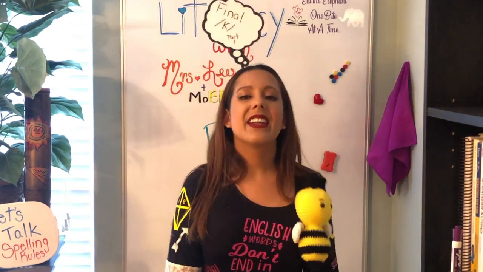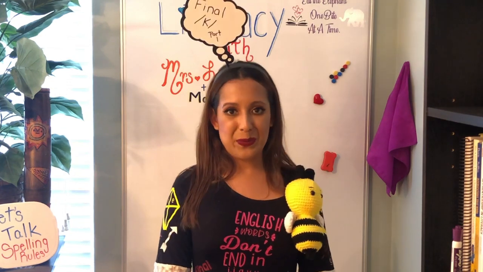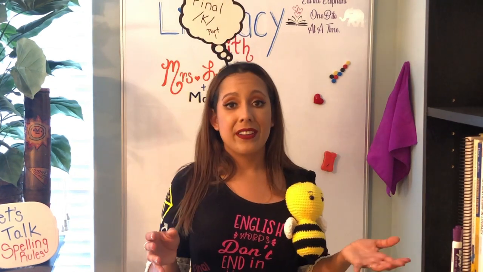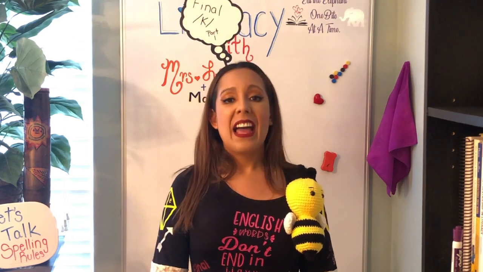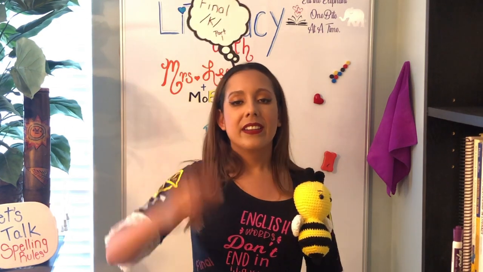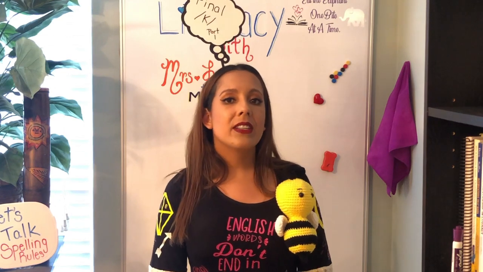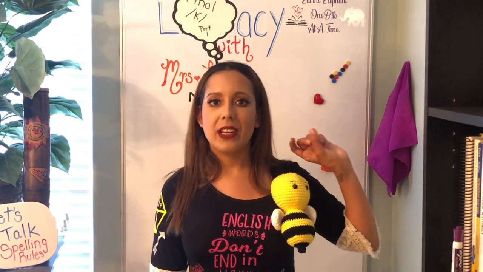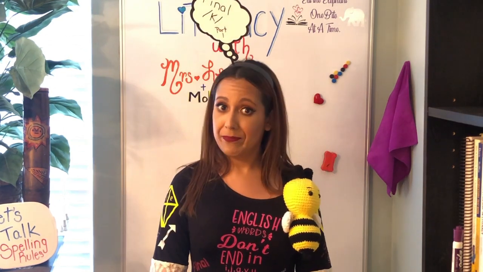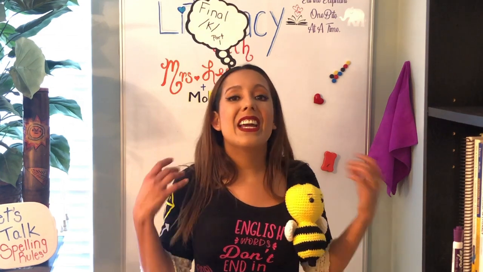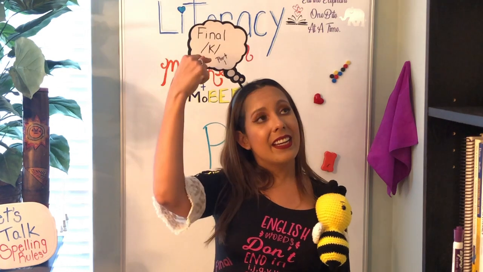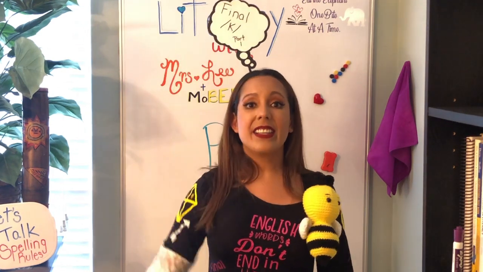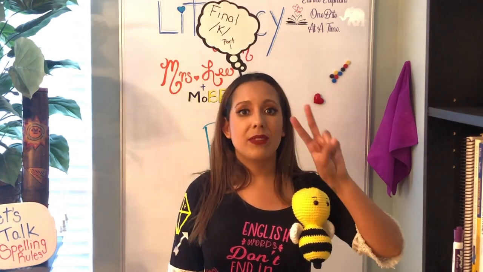So here is this rule. In a word that has a long vowel, that final k sound is spelled K-E. Again, in a word that has a long vowel sound and it ends in a k, that k is spelled K-E.